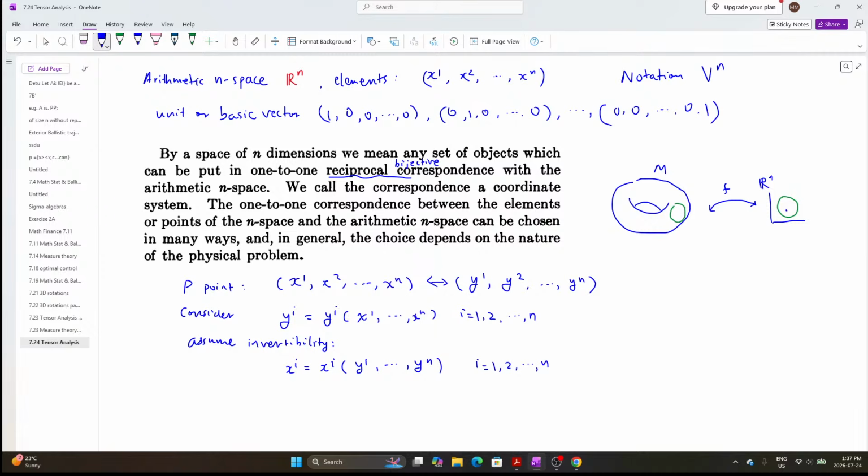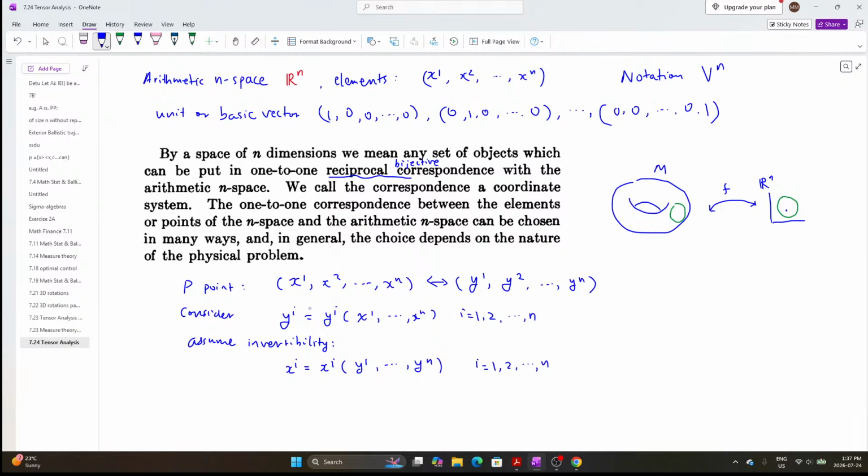What is the connection between manifold and arithmetic space? Again, the drawing you made. Well, a manifold, informally speaking, is an abstract space in which at every point its neighborhood approximately looks like a Euclidean space.